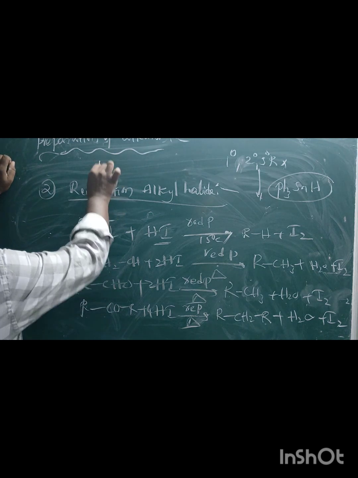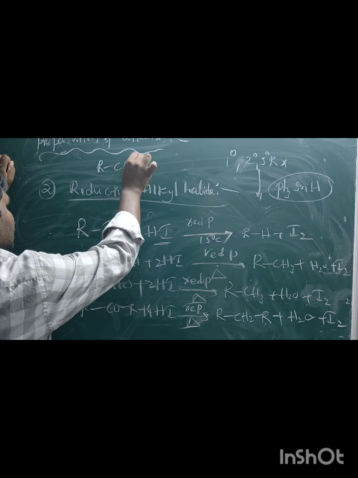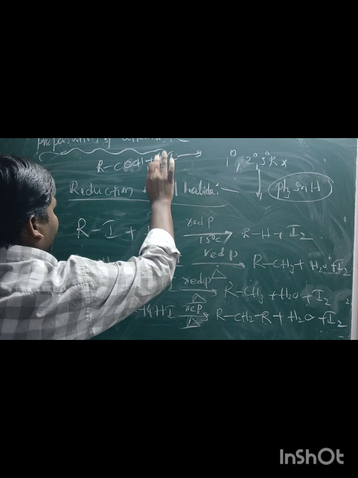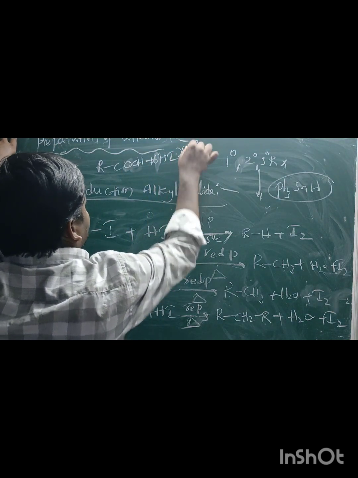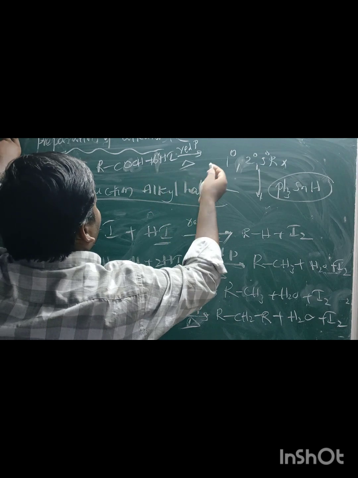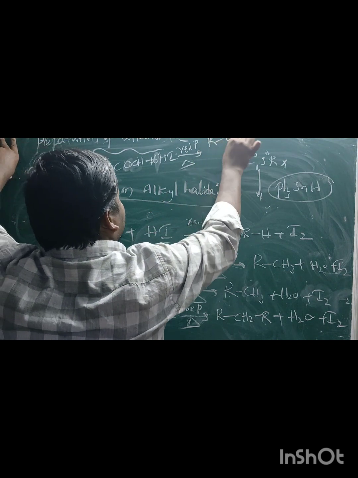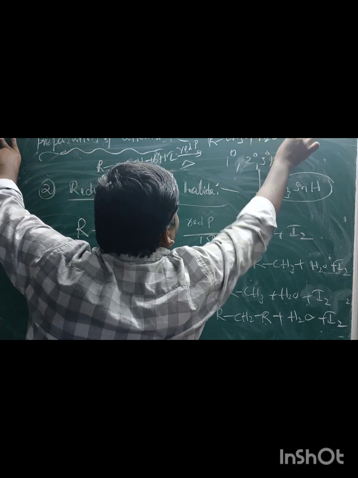Like that, carboxylic acid also, RCOOH, reacts with 6 moles of HI in the presence of red phosphorus on heating to form the same alkane RCH3 plus water plus I2.